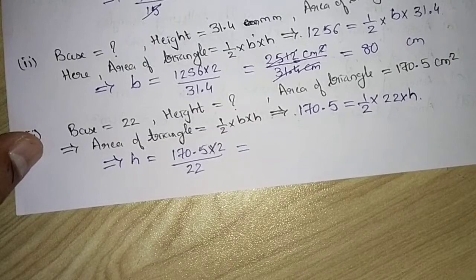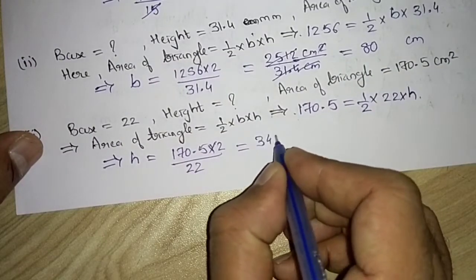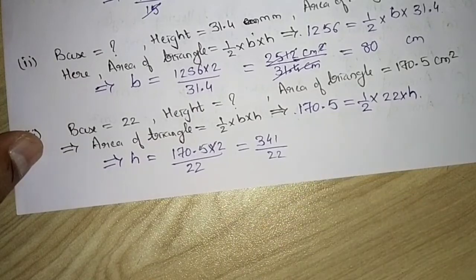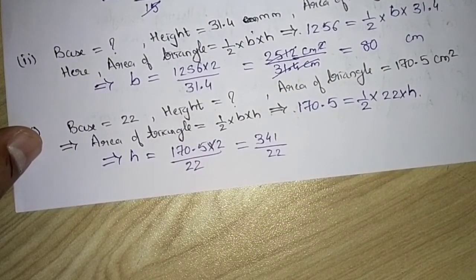170.5 into 2 will give me 341 divided by 22, if I am not wrong.